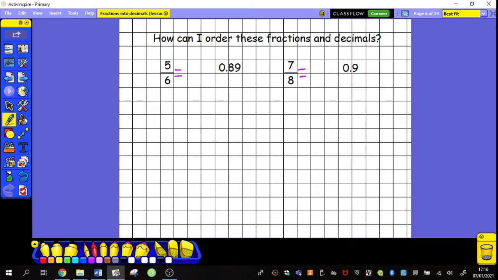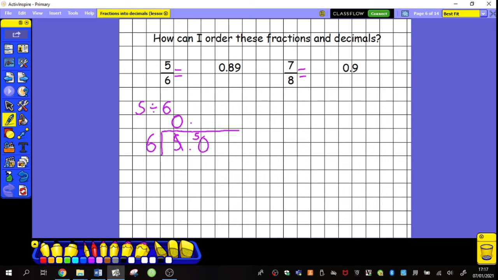Let's turn that into a decimal. 5/6 is 5 divided by 6. So I'm going to set out my bus stop method. Remember, the 5, the first one, goes on the inside, 6 on the outside. So I need to ask myself, how many 6s go into 5? Well, none. 6 doesn't go into 5. So I'm going to carry my 5 the other side of the decimal place, and again, a 0 would be there.